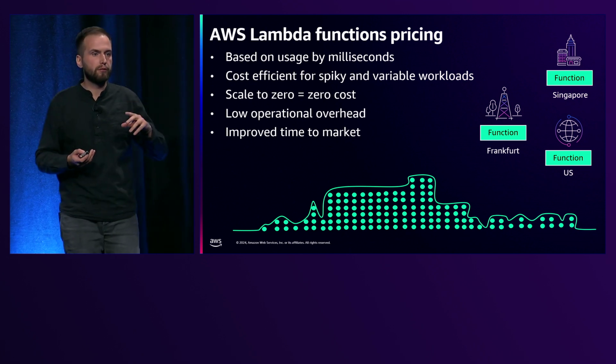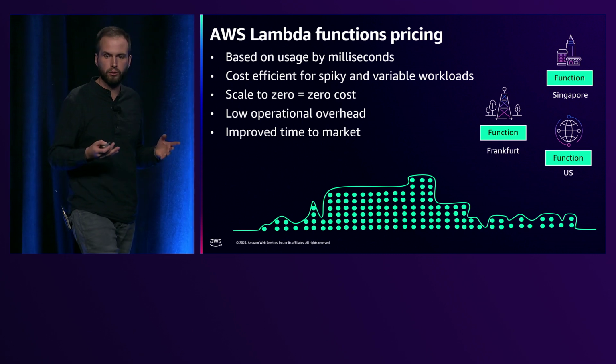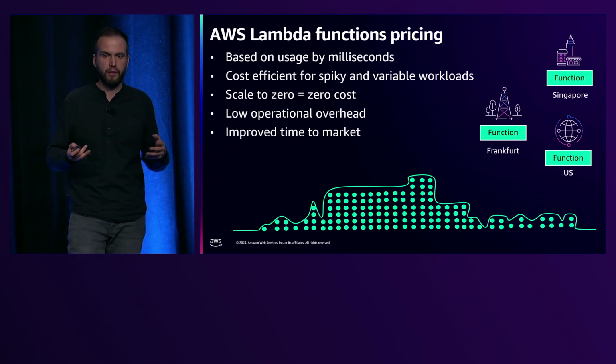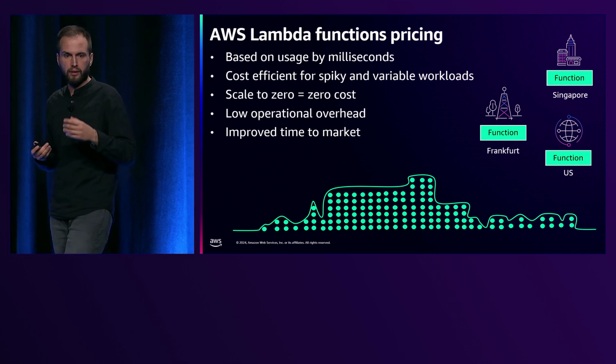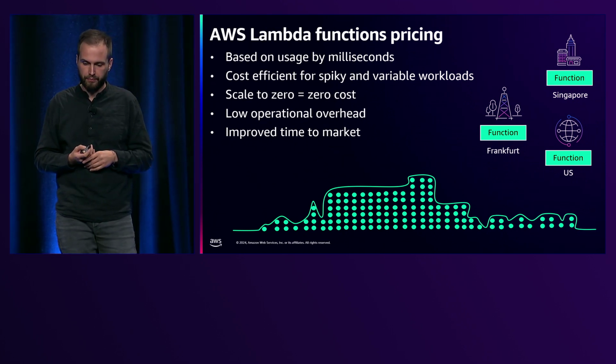If you deploy your functions to US, to Singapore, to Frankfurt, and no one is using them, you're also not incurring any charges. This can be very efficient in an experimentation phase, in a fast time to market, and in testing out strategies.